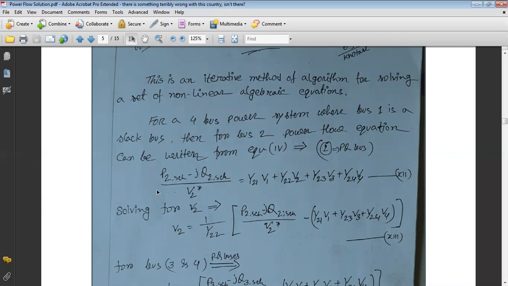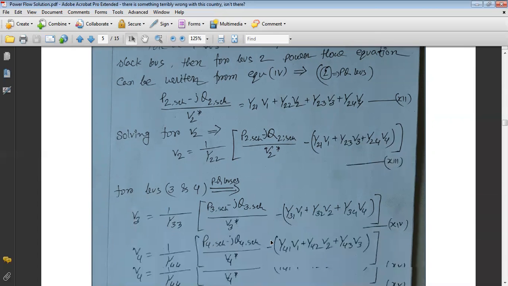So from this power equation, we have to determine the voltage magnitude and angle of bus 2, that is, calculate V2. V2 should be on the left side of the equation and everything else on the right side. This is the final equation. By using this equation, we can calculate the bus voltage and angle.